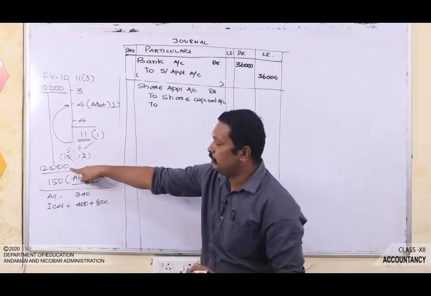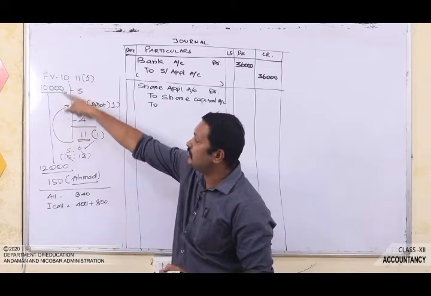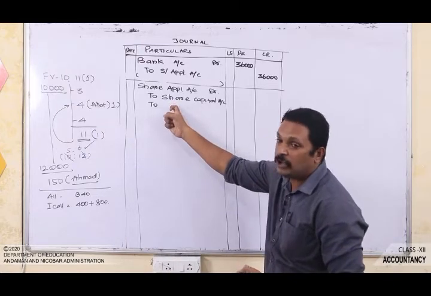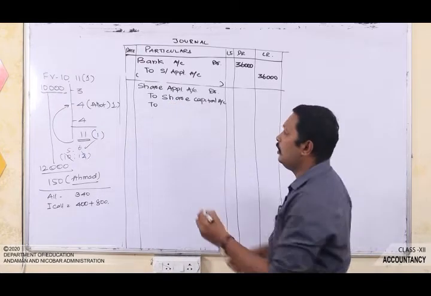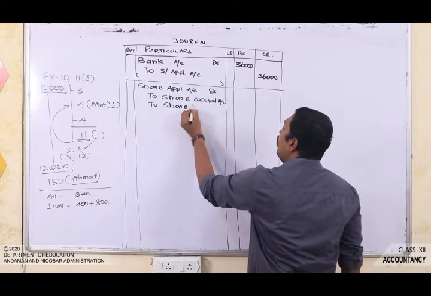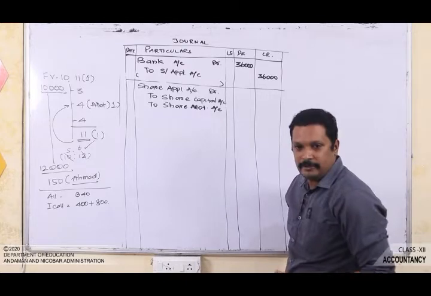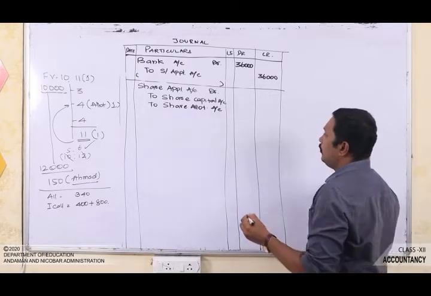Actually we received 12,000 shares but issued only 10,000 shares. The extra will be transferred to which account? Share allotment account. Clear?